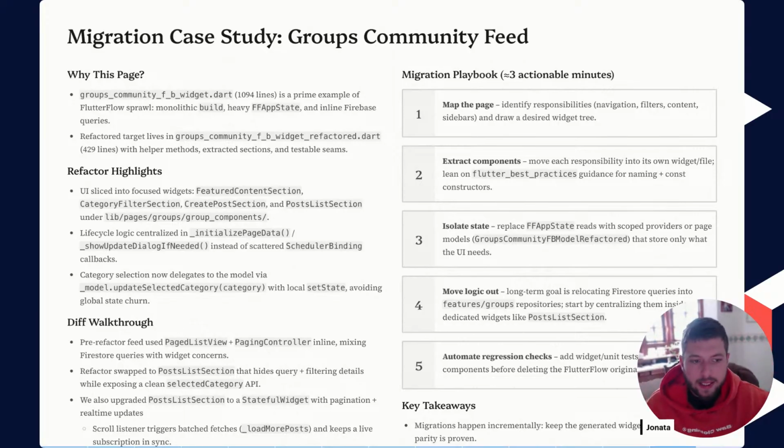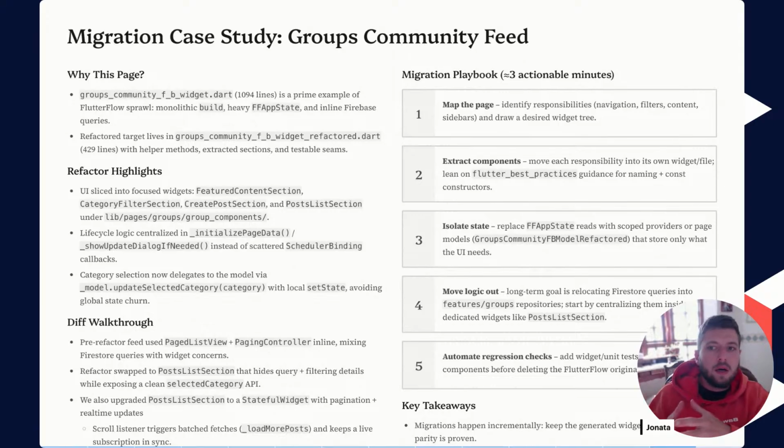With just a glance, you need to understand, hey, by reading the build function of a widget, I want to be able to imagine what this widget will look like. And when you have 1,000 lines of code, this is not possible, because you have paddings, you have other widgets intertwined with each other. So I will show the before and after for you guys to have a more concrete example.